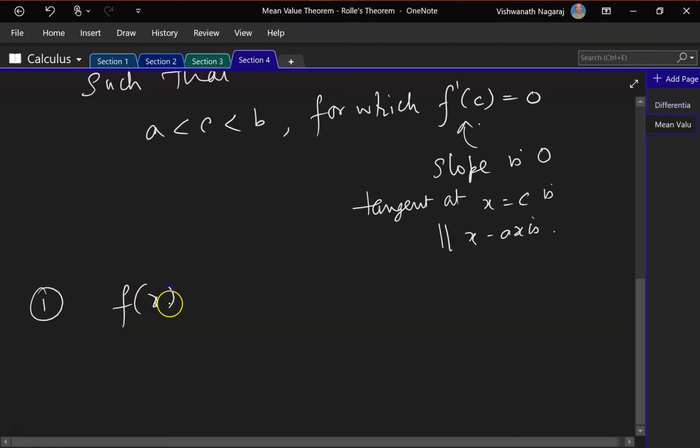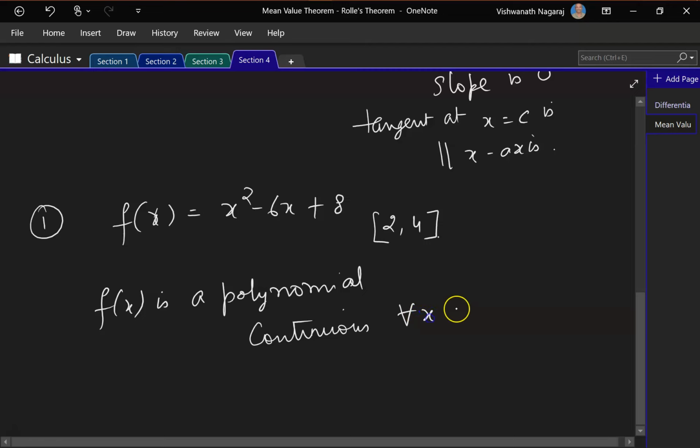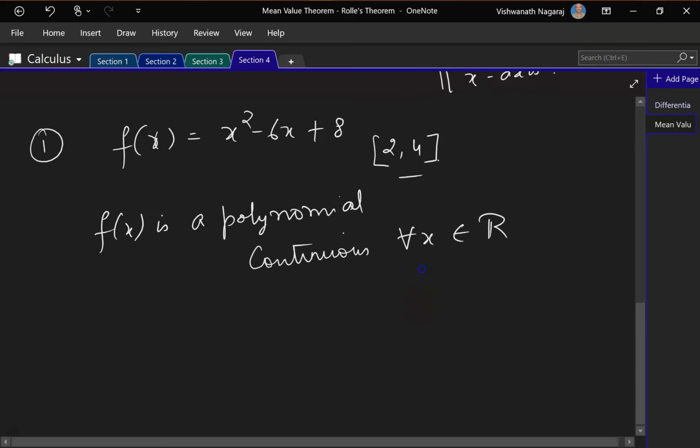Let's say f of x is equal to x square minus 6x plus 8, and we are interested in the closed interval 2 to 4. Now remember, f of x is a polynomial, and we have already seen that polynomials are continuous for all x belonging to real numbers, which means that also for closed interval 2, 4.